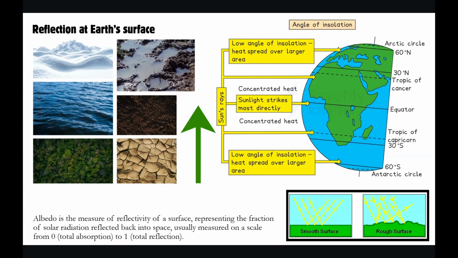Okay, so albedo is what? It is degree of reflectance, how much of the incident radiation reflects back. If 100% comes, 50% is absorbed, 50% is reflected. So albedo assumes a value of 0.5 or 50%.